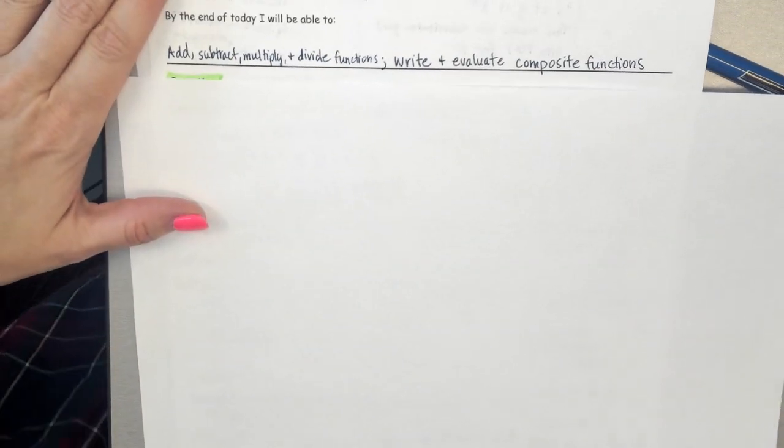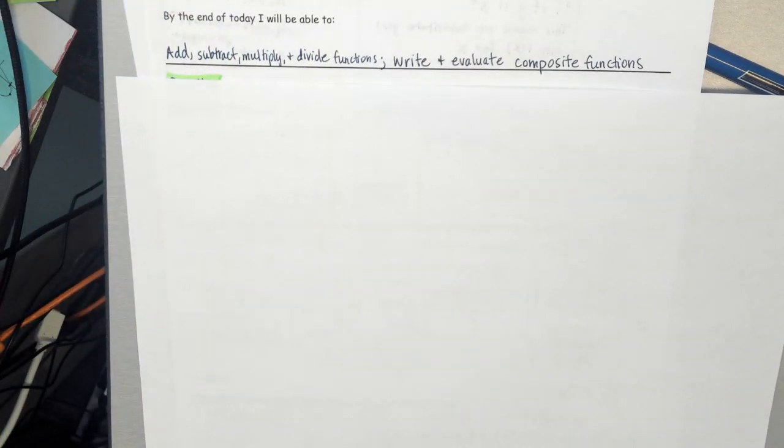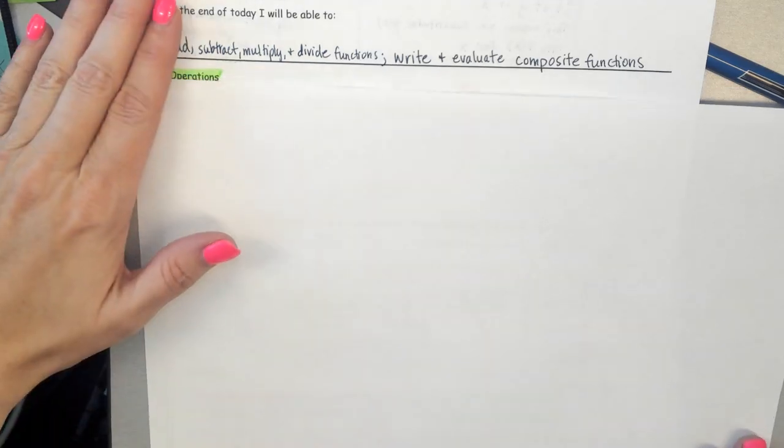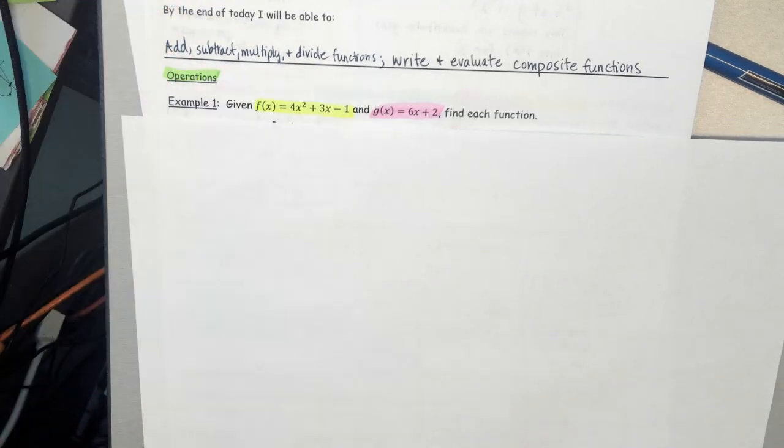Sorry, you guys need another minute to get that written down: the add, subtract, multiply, and divide functions, and then we're going to write and evaluate what are called composite functions. So you are given f of x, the function, and g of x.